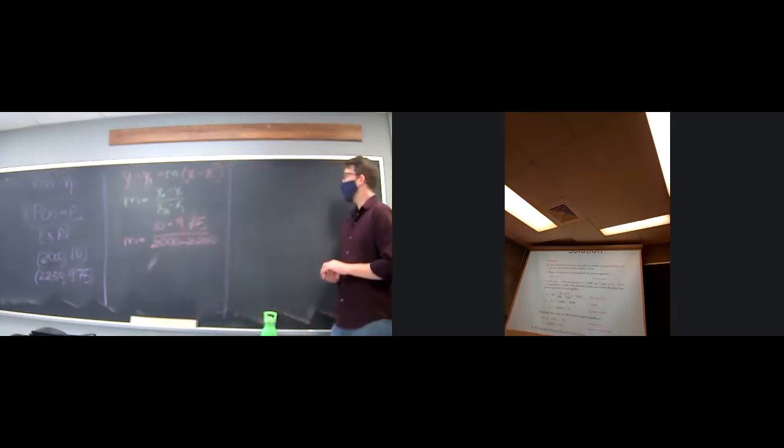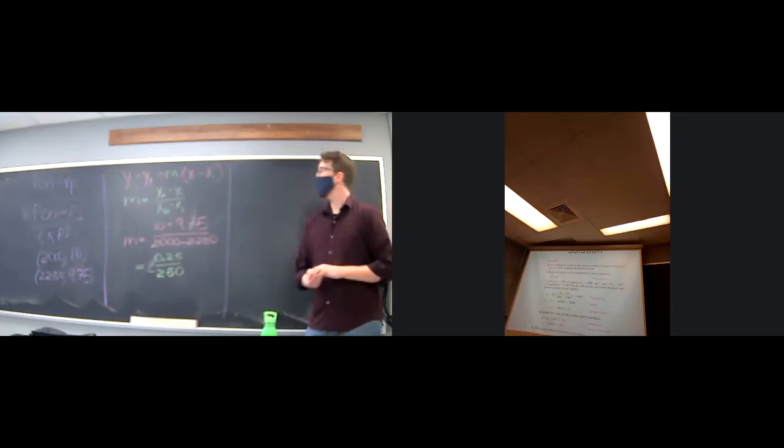If p is our y value, then the difference from 10 and 9.75 divided by 2000, 2250, and I wrote that backwards. That's going to give us our m.